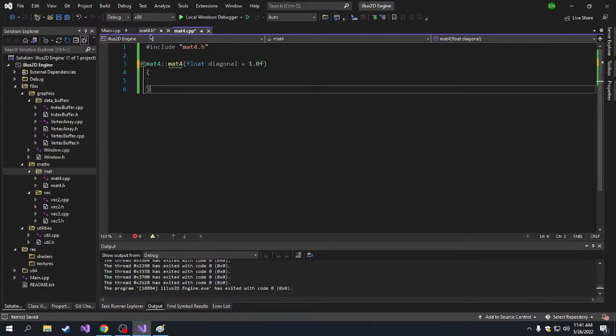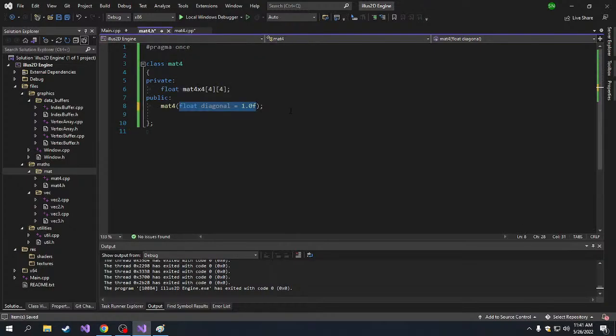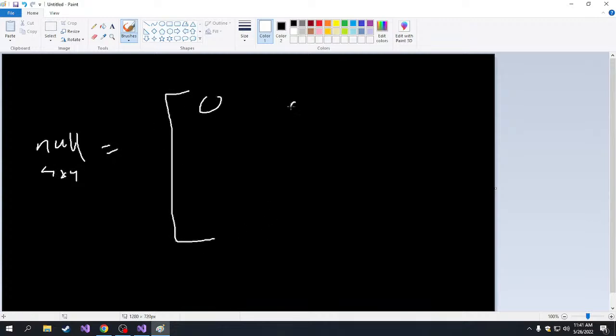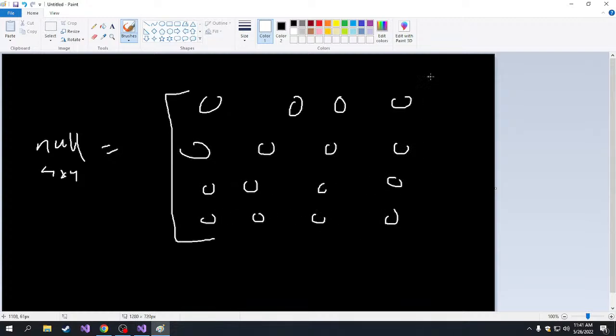Okay, so we're going to have a couple of functions. There are actually different types of matrices. There is a null matrix, and we have an identity matrix. Basically, a null matrix is a matrix whose elements are all 0. So I have a null matrix of 4 by 4, with all 16 elements in the 4 by 4 matrix as 0.